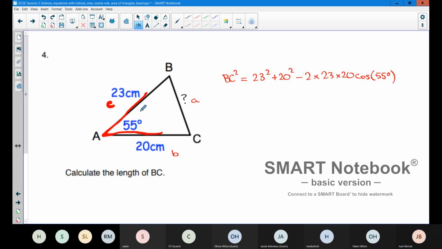It is very efficient if we take the square root of both sides. If we write BC is the square root of all of that, and write it exactly in our calculator, as I'm going to show you now, you'll never get it wrong.